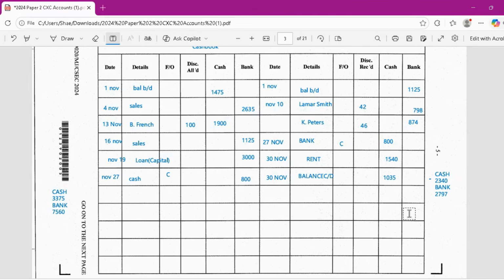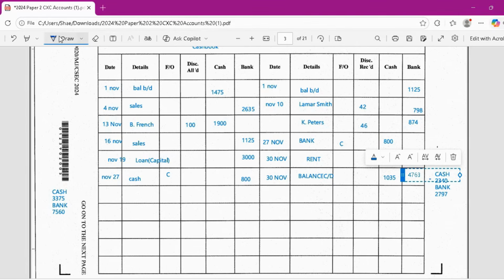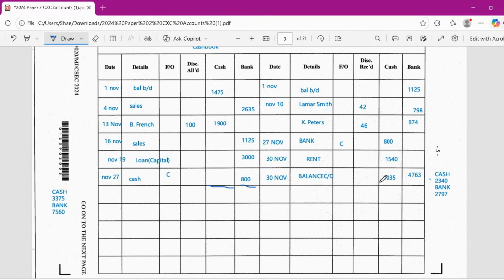and $4,763 for our bank column. All right, very good. So if you're following up to this point, that means that you're good for exam. All right, very good. So we are now going to total both sides.